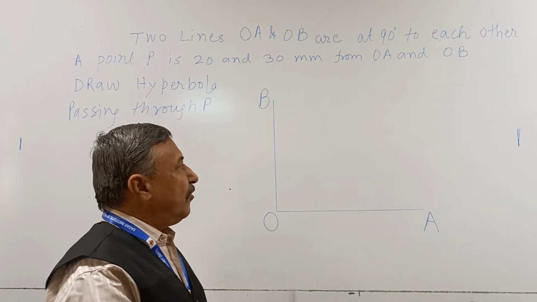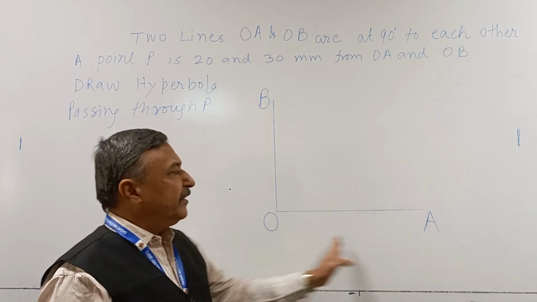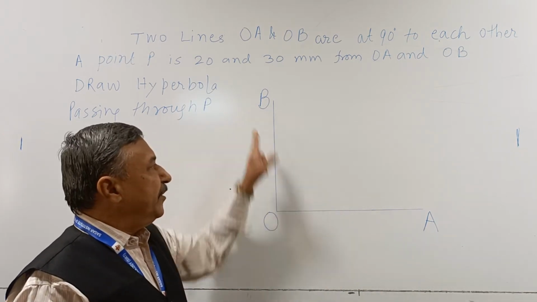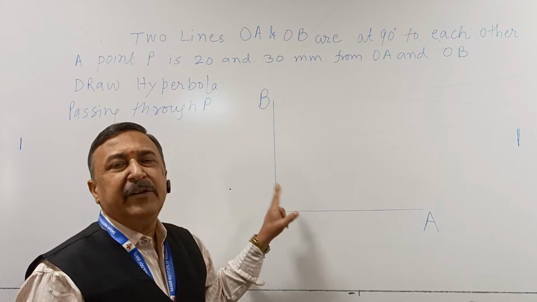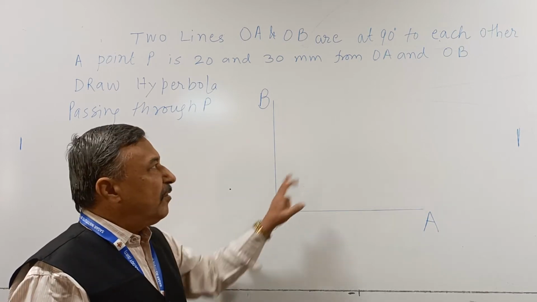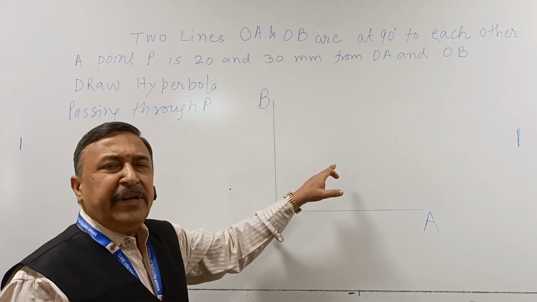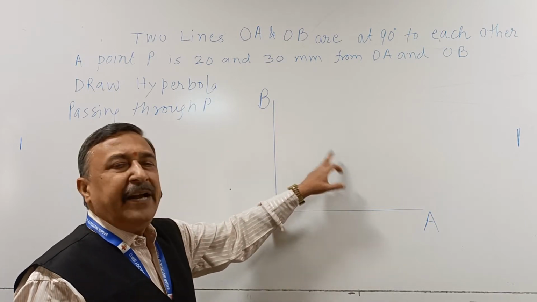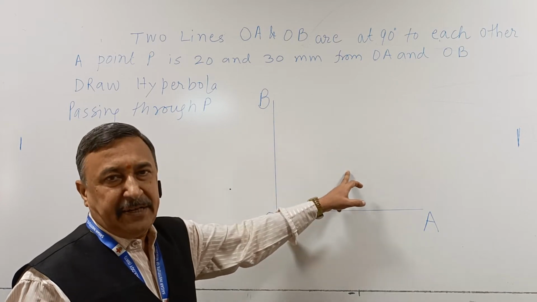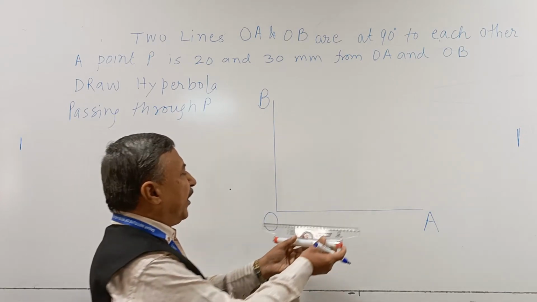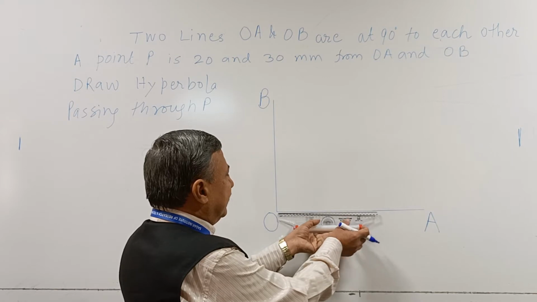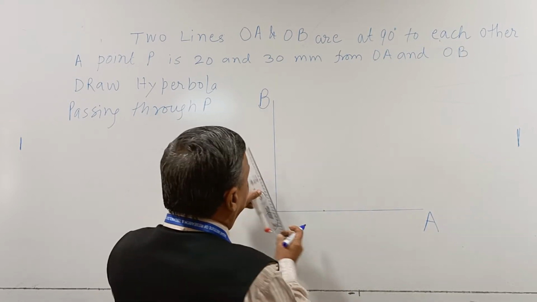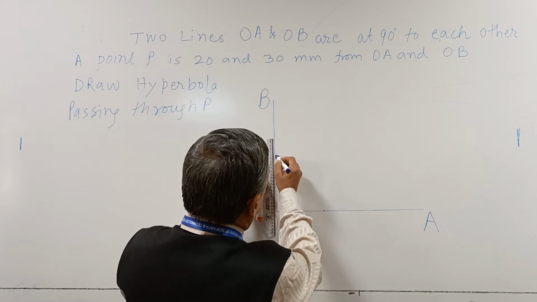Okay. So first of all, I draw these initial two lines OA and OB, which are at 90 degrees to each other. Now I am going to take a point P, 20 mm from one line and 30 mm from another line. So you know how we take a point. Take here, suppose this is 20 and this is 30.